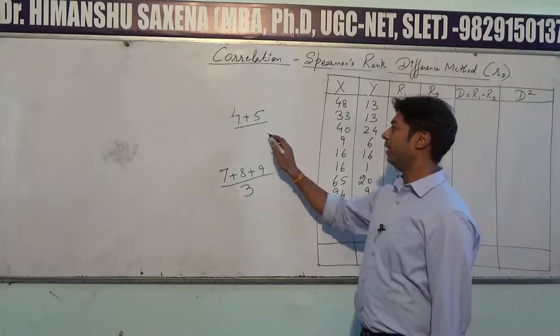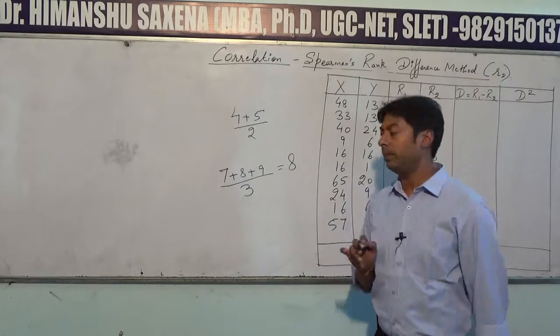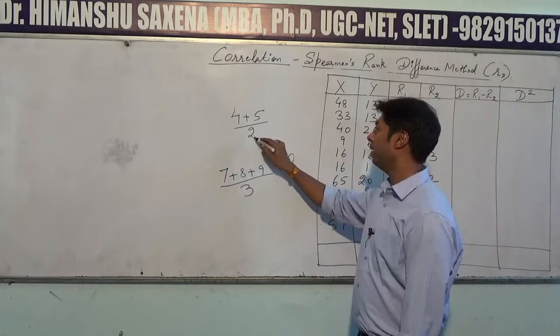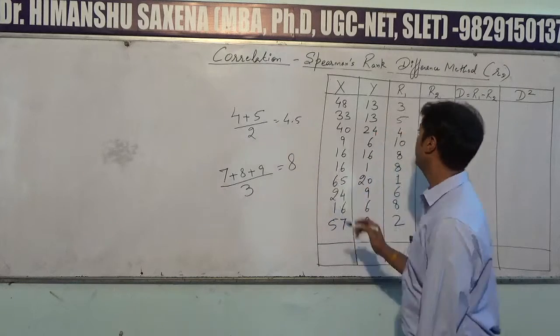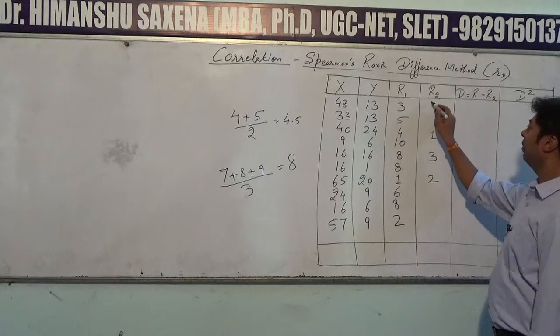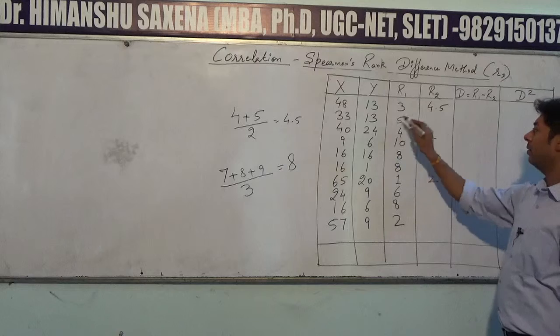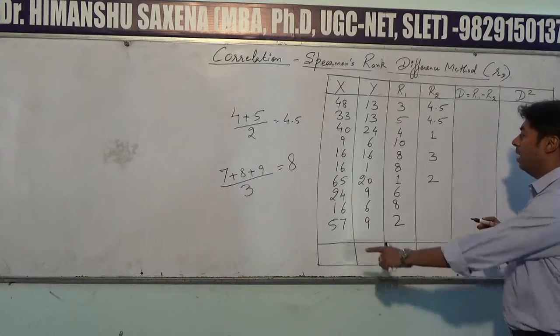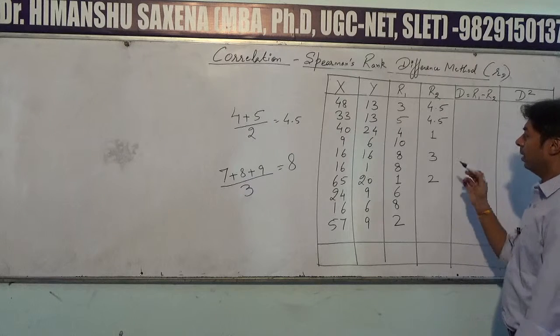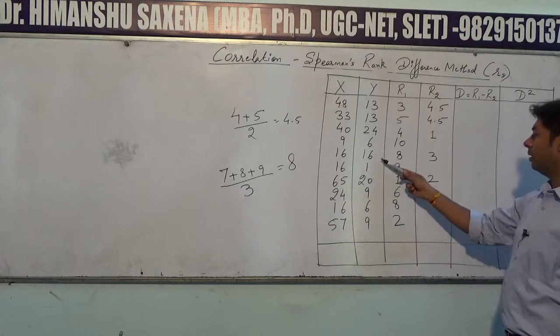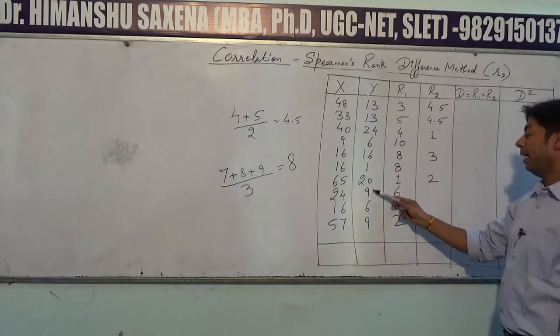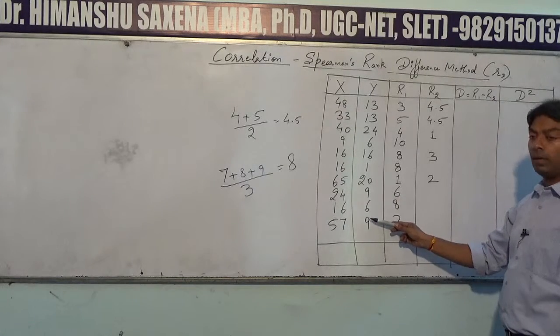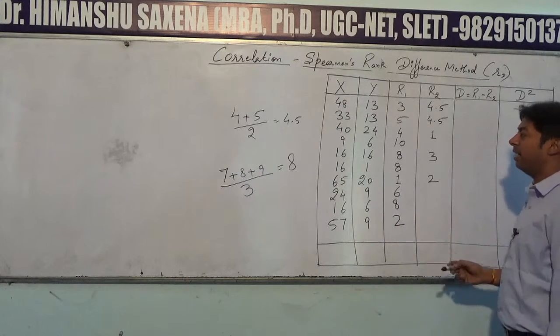So the average between these 2 ranks will be 4 plus 5, 9, by 2 will be equal to 4.5. Now this 13 will be given rank 4.5 and again this will also be given rank 4.5. Now after 13, the next number in this series is 9. Again, there are 2 numbers which are exactly the same as far as 9 is concerned.